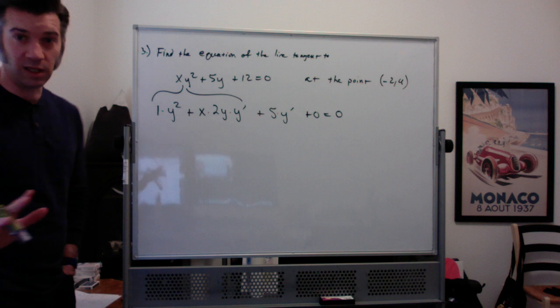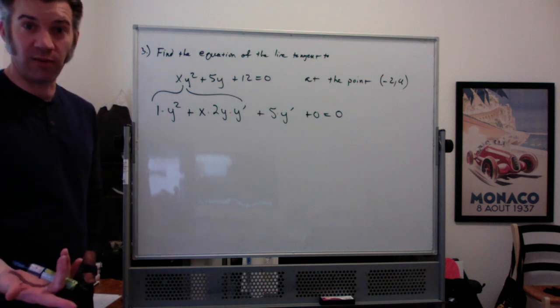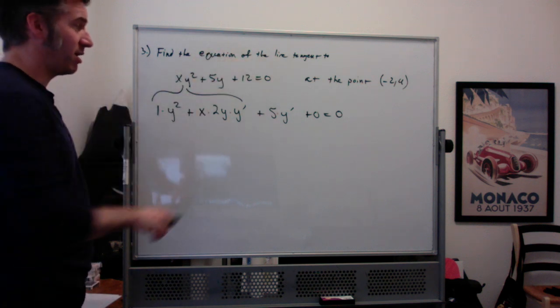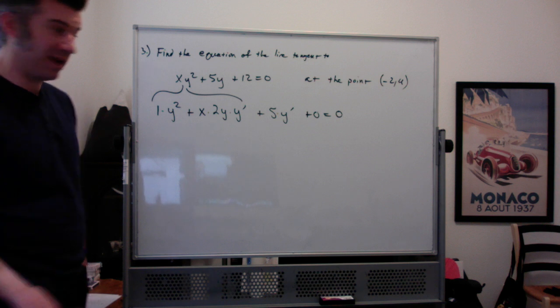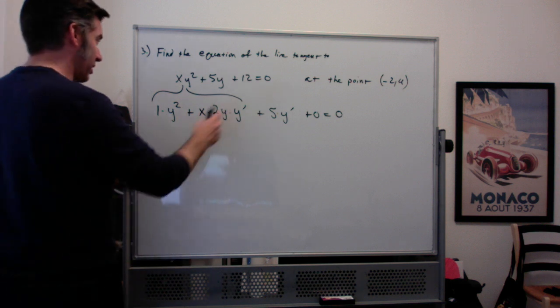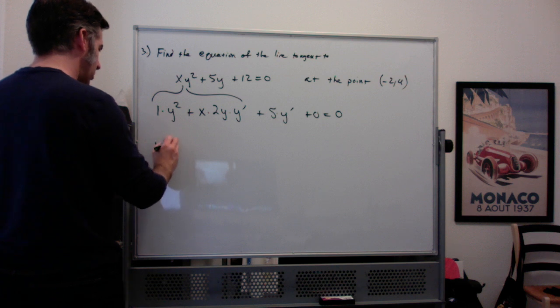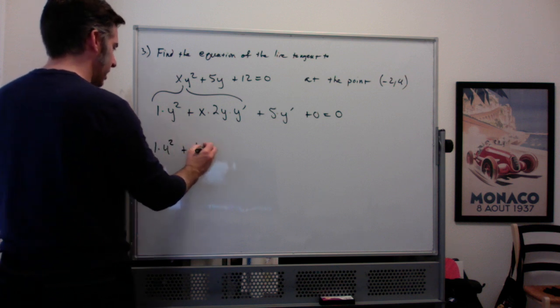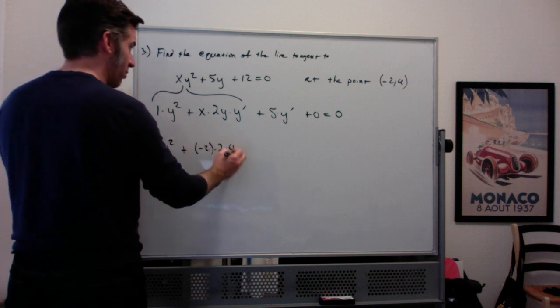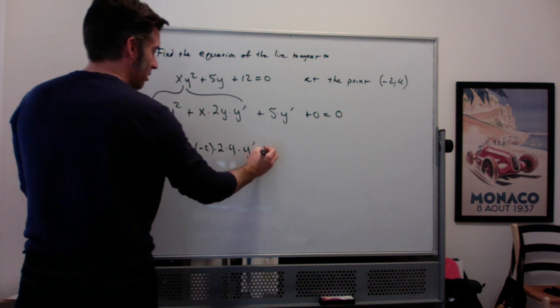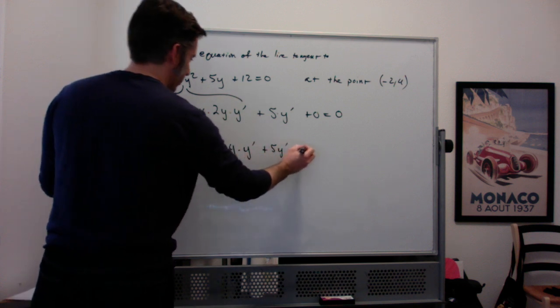Okay, now normally we would then solve for y prime. But since we already have a point to plug in, we can just plug in the point right now. So I'm going to plug in -2 for x and 4 for y. And you get 1 times 4 squared plus -2 times 2 times 4 times y prime plus 5 times y prime equals 0.